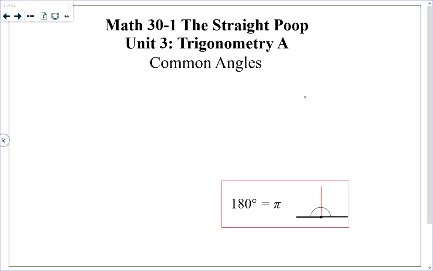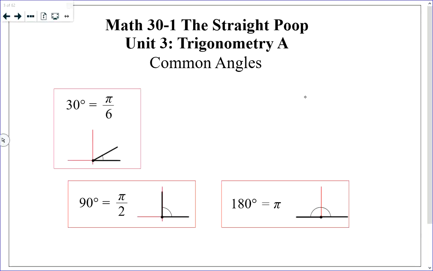For example, if I take half of 180 degrees, that's 90 degrees. And since 180 degrees is pi radians, 90 degrees must be pi over 2. So I can fit 90 degrees into 180 twice. On the other hand, if I take that angle of pi radians, or 180 degrees, and cut it into 6 pieces, pi divided by 6 means 180 divided by 6, which is 30 degrees.